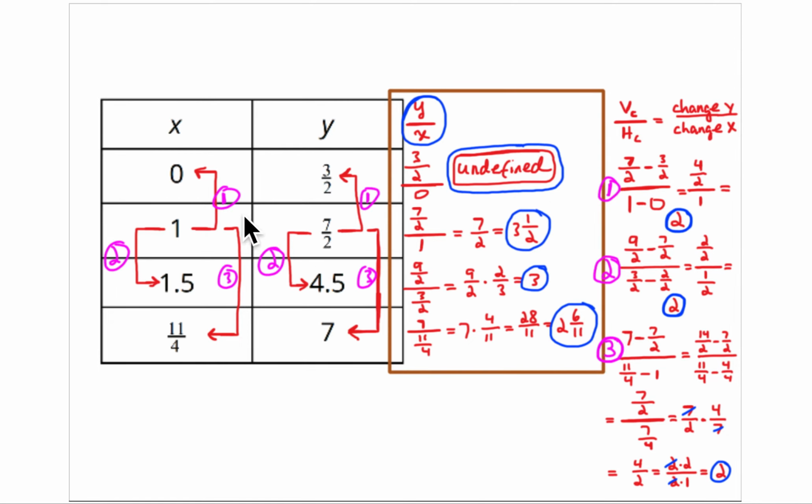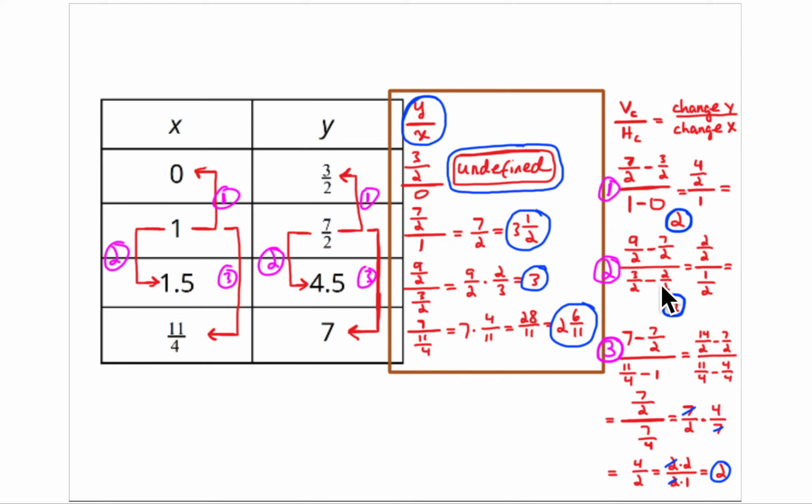So the vertical change compared to the horizontal change is always 2, even for a line that doesn't represent a proportional relationship.